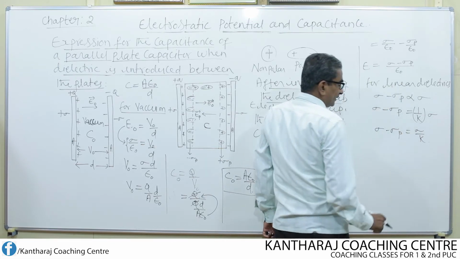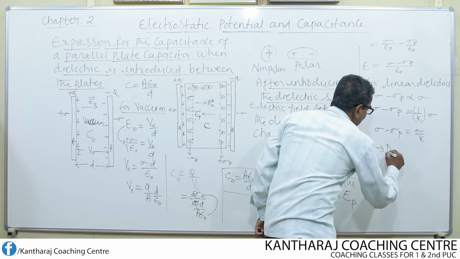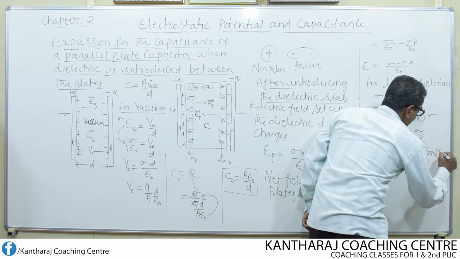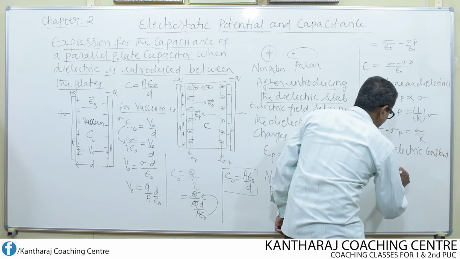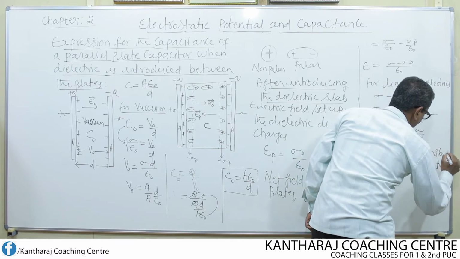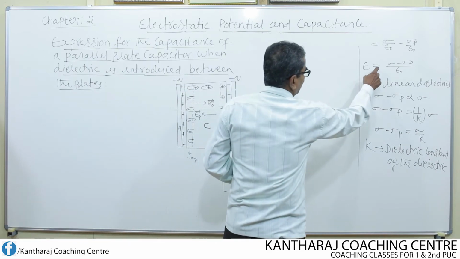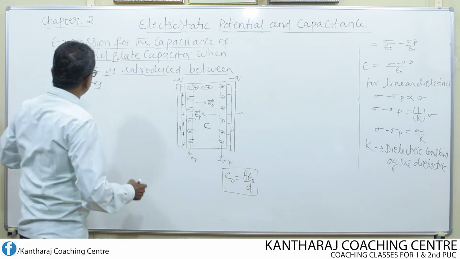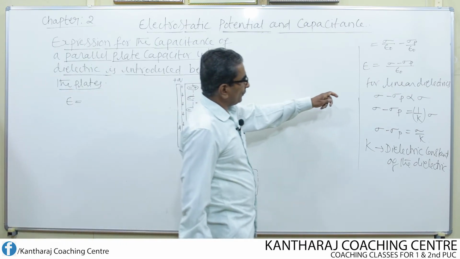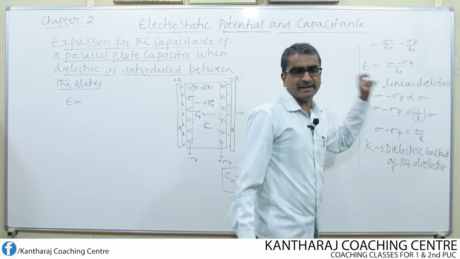What is this k called? K is known as the dielectric constant of the dielectric. Now, what happens to this equation? The equation becomes E equal to, for sigma minus sigma p, I can substitute sigma by k.